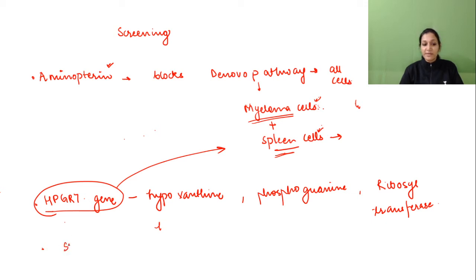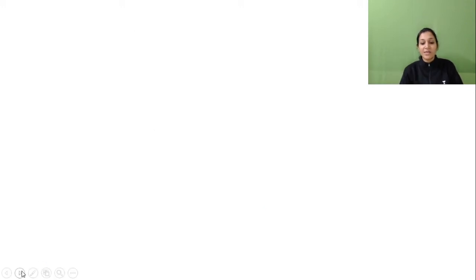So spleen cells will live for some time, but they have a limited lifespan, so after some time they are going to die. And myeloma cells cannot survive at all on the HAT medium because they'll die of starvation. They won't have the salvage pathway working, and they don't have the de novo pathway to take up because of the aminopterin. So anyway, the fate of the myeloma cell is to die.